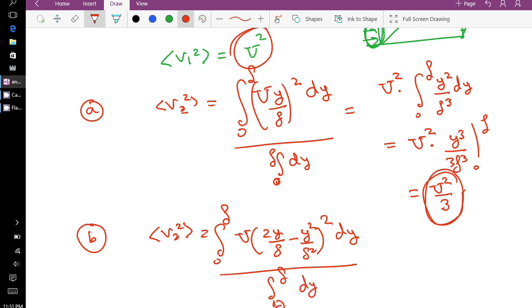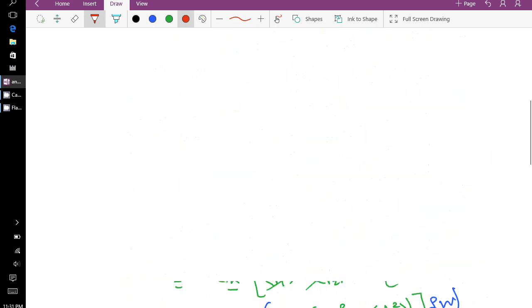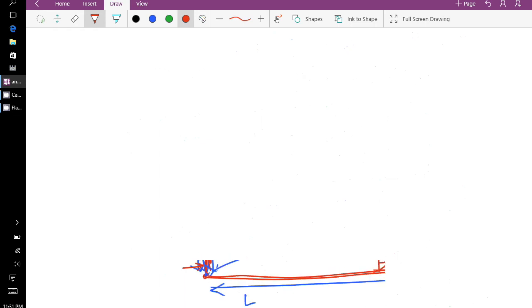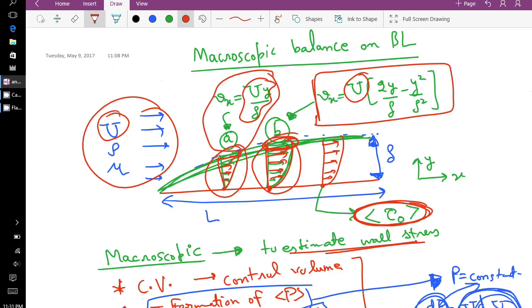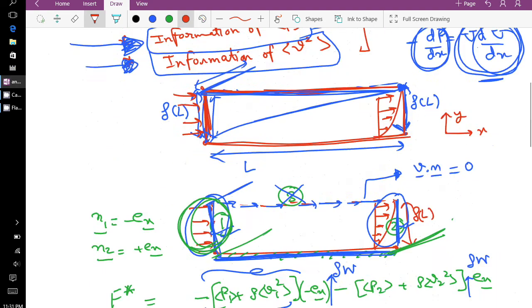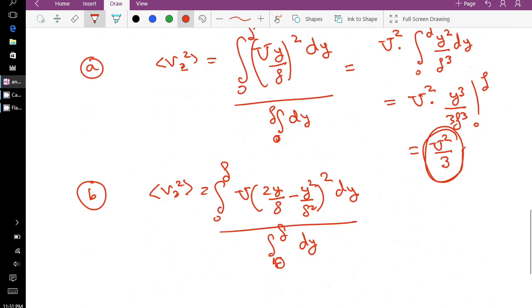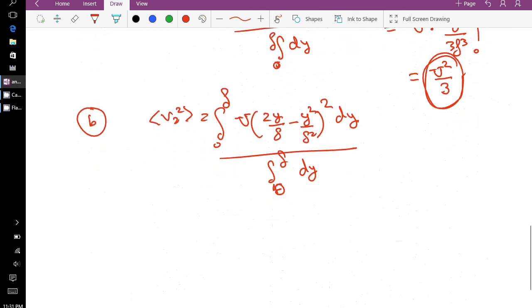Again, recall that we had initially the velocity in parabolic form, 2y by delta minus y square by delta square, and that is what I am doing here. Now we can easily do the integration of this also.